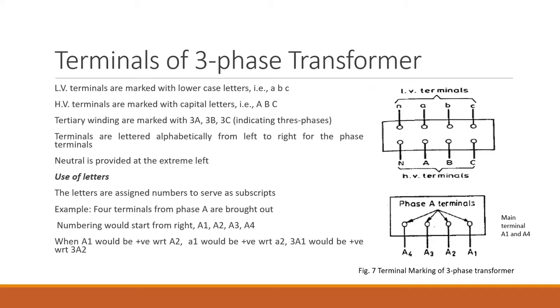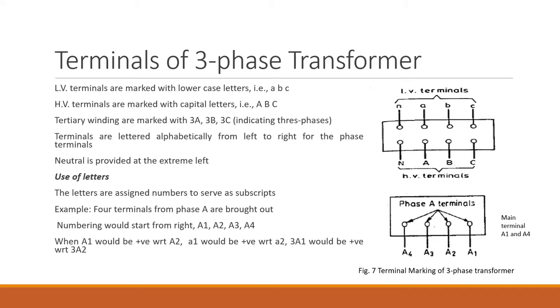The terminals which are brought out for the LV winding will be called LV terminals. The terminals for the HV winding will be called HV terminals. When you see a transformer practically, this notation would be there.